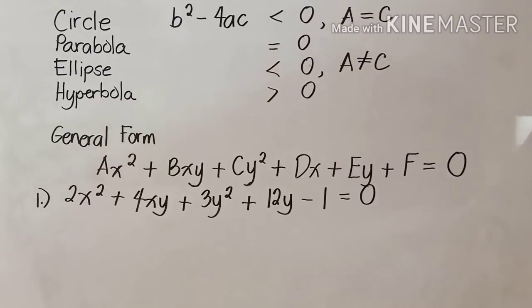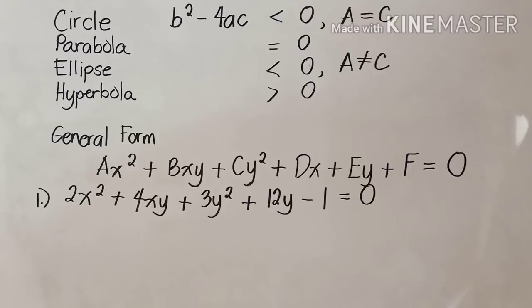Since there are several conic sections, how do we identify one from another? We will use the discriminant b squared minus 4ac. If the answer is less than 0 and a is equal to c, then it's a circle. If the discriminant is 0, then it is a parabola.